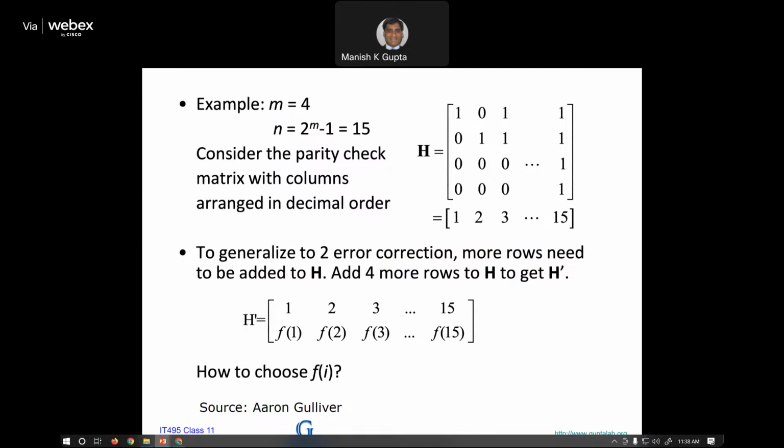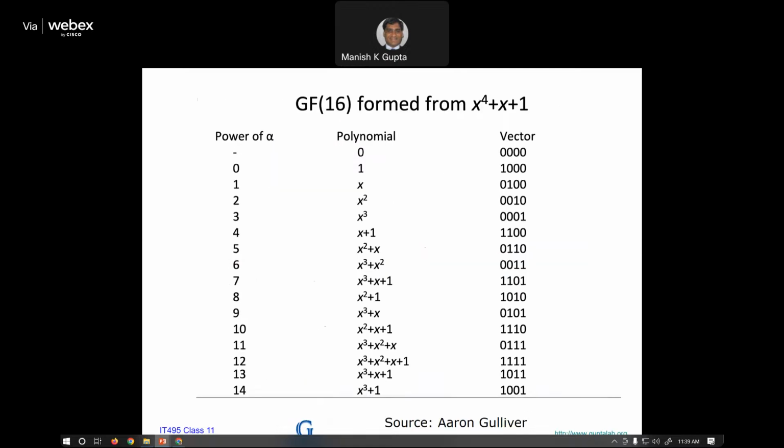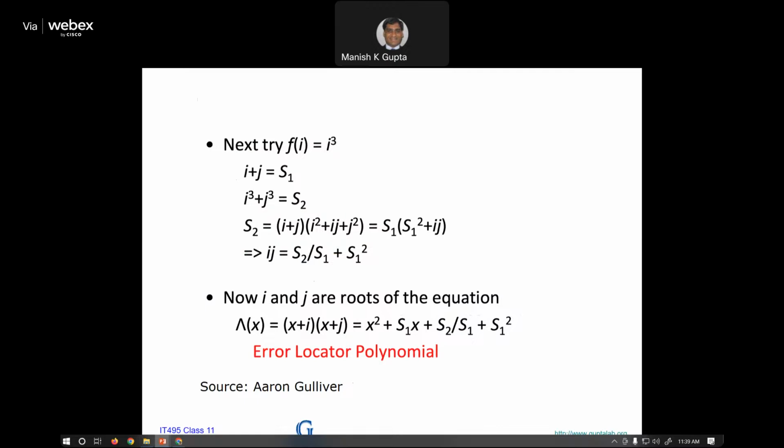So suppose this is F, which we don't know, and suppose two errors have occurred. The syndrome will be the sum of those two columns, right? And the syndrome values we know, S1, S2. So I can equate and solve those equations for I and J. Once S1, S2 is known to us, because you just compute the syndrome, X is sent, Y is received, compute the syndrome H Y transpose, you get S1, S2.